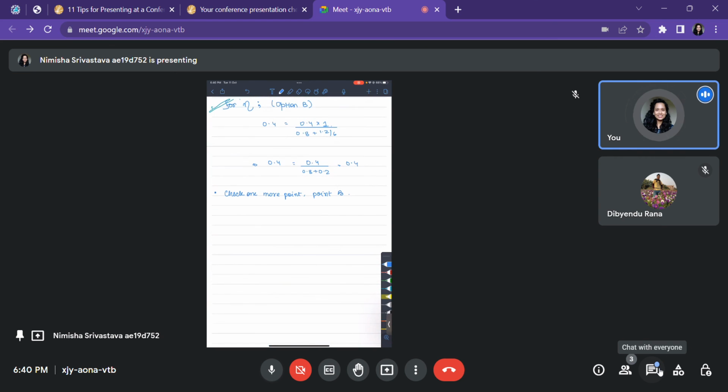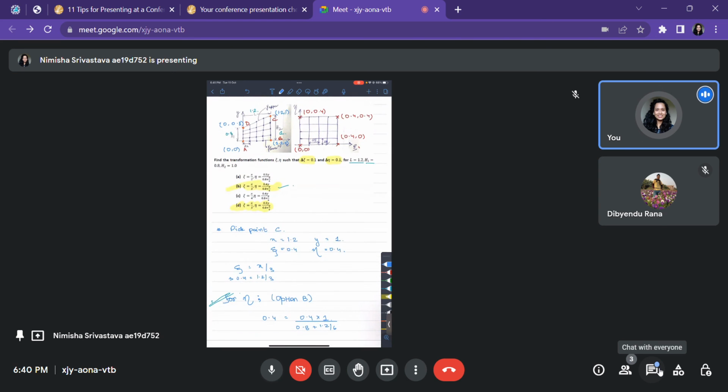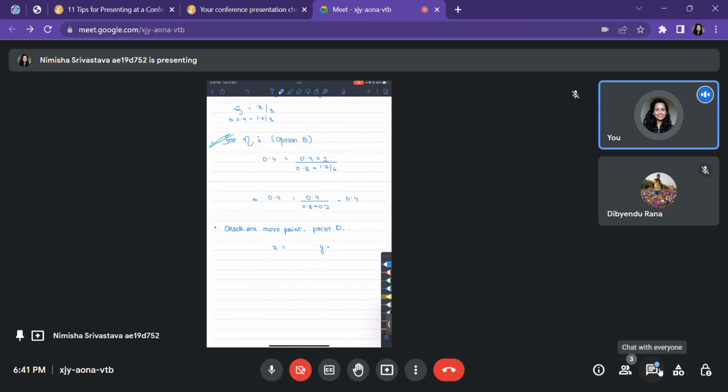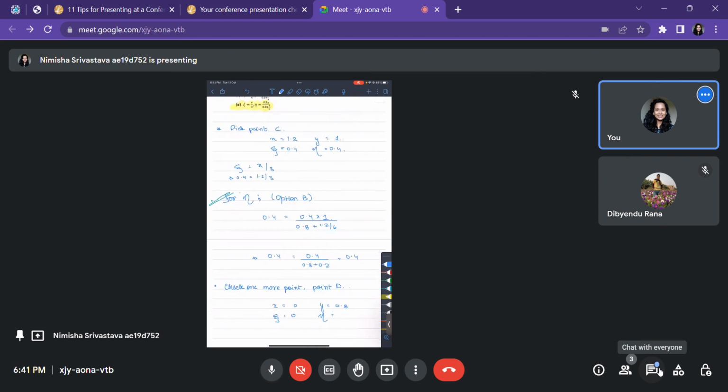So we'll take point D. What is x and y in this case? x and y are 0 comma 0.8, and zeta is 0 and eta is equal to 0.4.